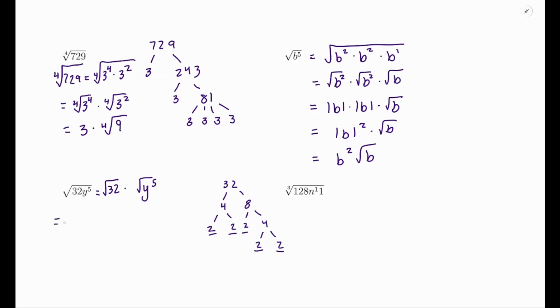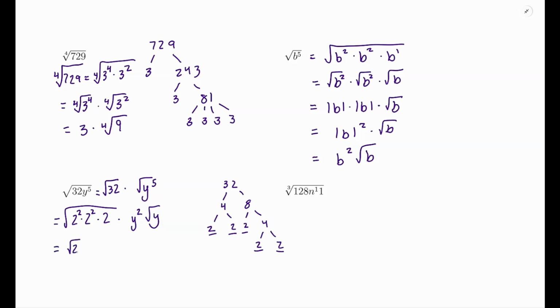So then that becomes the square root of 2 squared times 2 squared times 2, and then y to the fifth. Well, the only thing that changed is I changed the b to a y. So I'm actually going to go straight to here, where this becomes y squared square root of y.